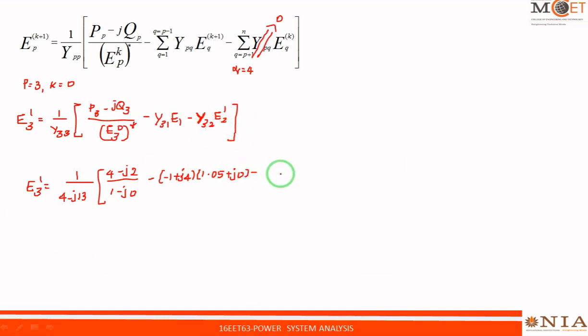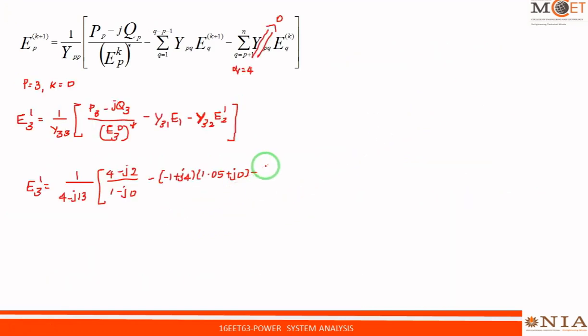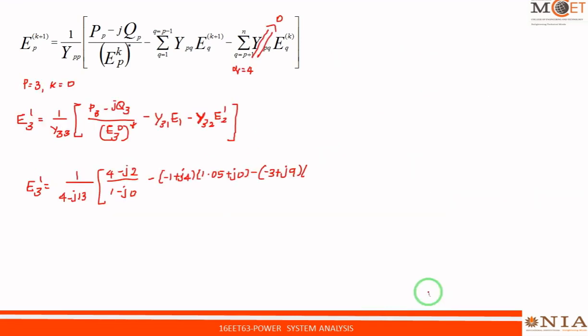The Y32 element is minus 3 plus j9, into E2 of the previous value. E2 of the previous value is 1.196 plus j0.0988, which I want to use here.